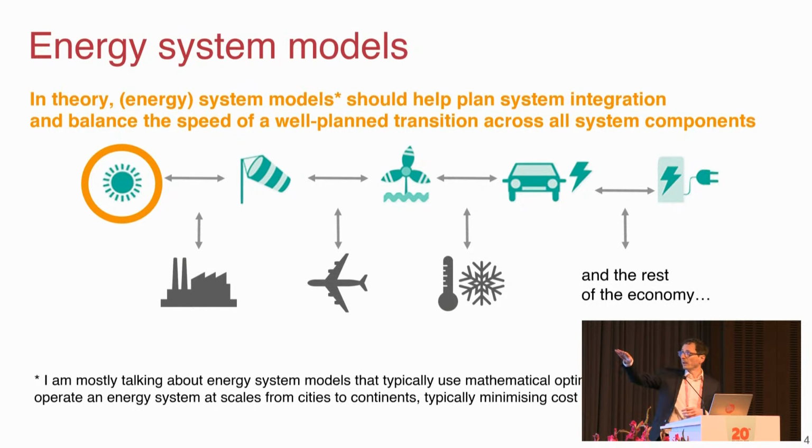So not just across the power system here, the green parts, but also the rest of the energy system, which also has to decarbonize industry, transport, aviation, heating, cooling, and the whole rest of the economy. That's the whole point of looking at the system as a whole and not just its parts. So looking forward to the future, what can we as energy system modelers do to better fulfill our potential to actually help this transition?